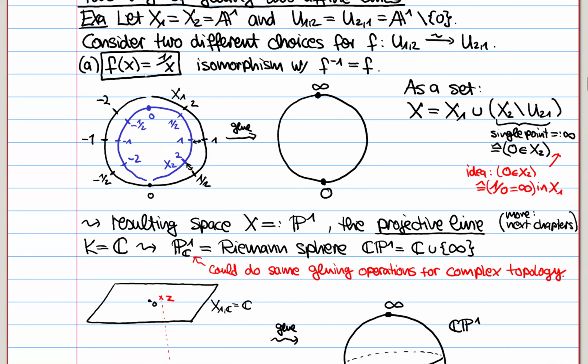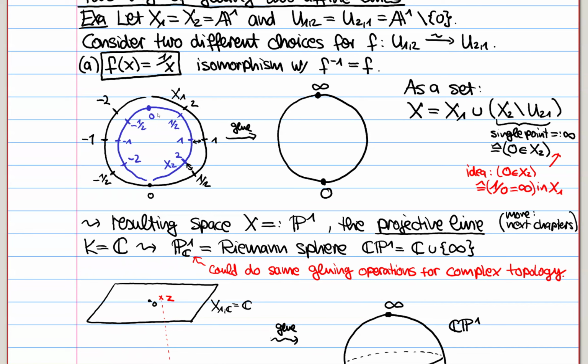You identify the point x with the point 1 over x on the other side. So for example, 1 is identified with 1, but then 2 in x1 is identified with 1 over 2 here. And similarly, 1 over 2 is identified with 2, and so on. And so almost all the points are matched up, except 0 on one side and 0 on the other side. They're not matched up.